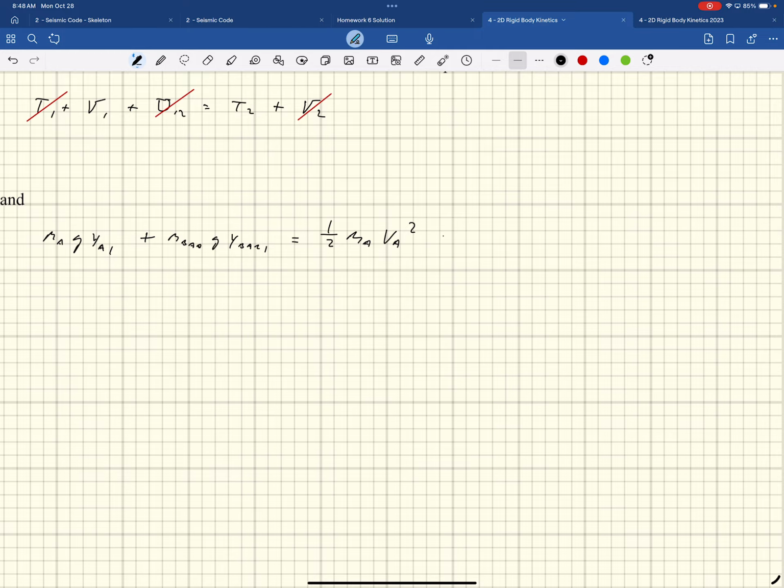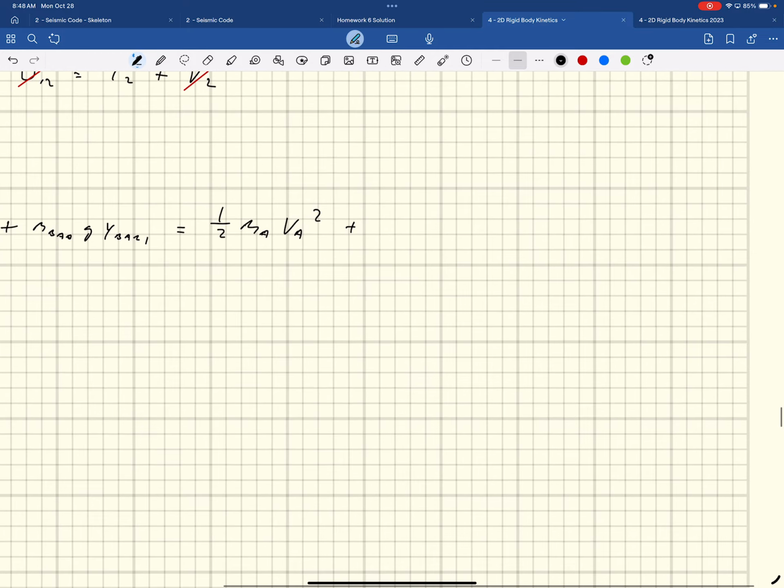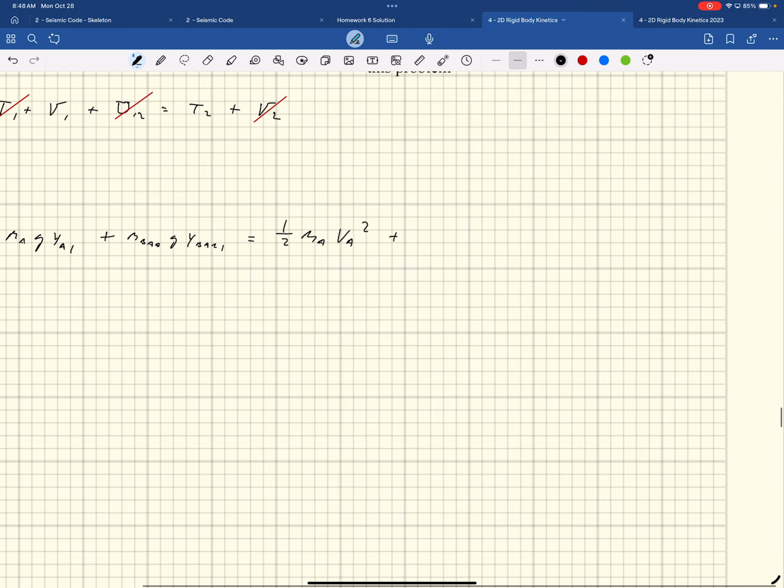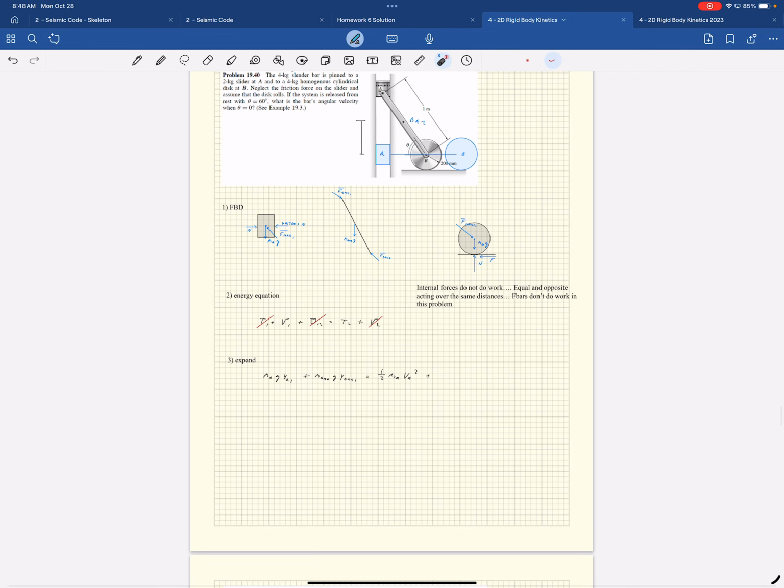So there's no rotation component for A. But C, or bar, I guess I've been calling it bar this time, is going to have both components, because it is translating and it is rotating. It's going to rotate as it drops.